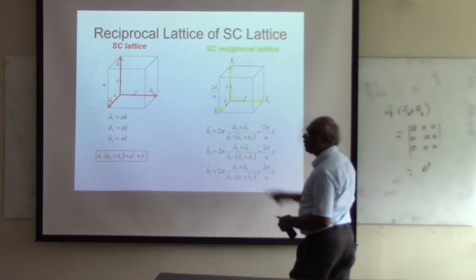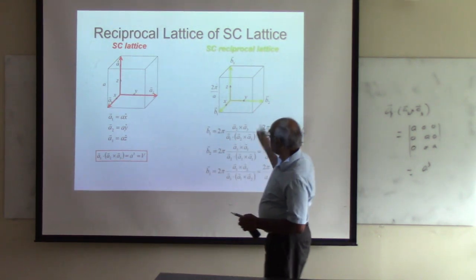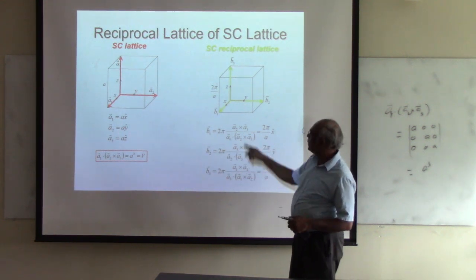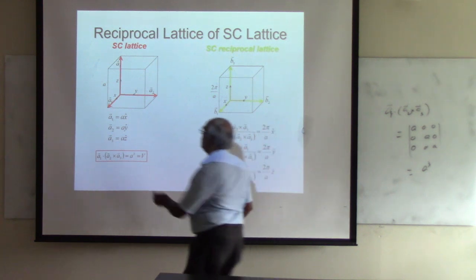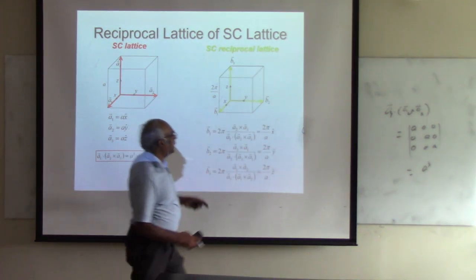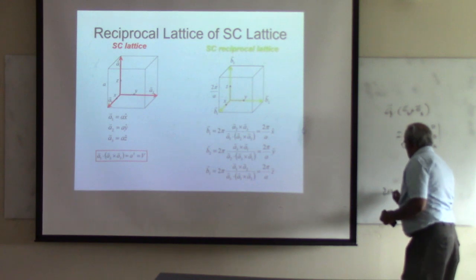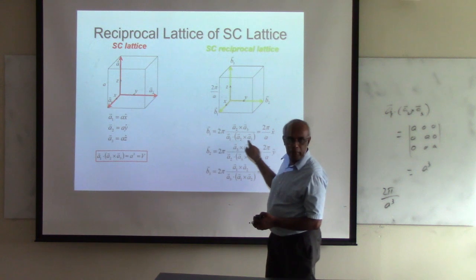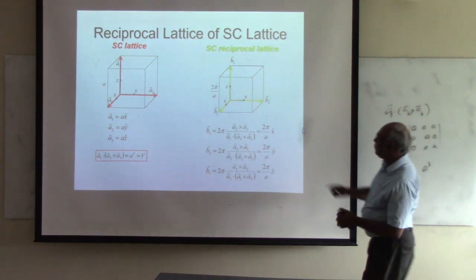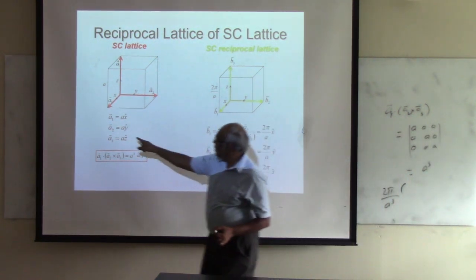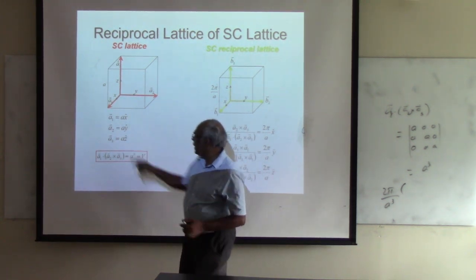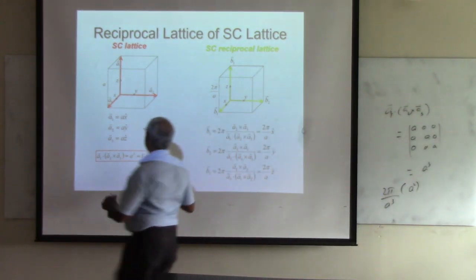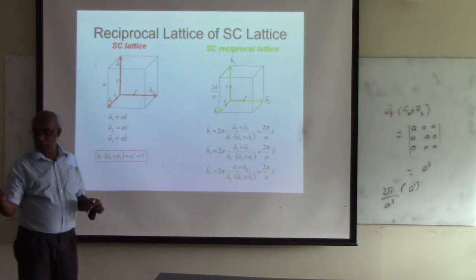So now if you want to calculate B1, B2, B3 in the reciprocal space, just simply calculate this one. How do you do this one? So you have 2 pi here, then at the bottom you have A cubed, right? Then here what do we have? A2 cross A3, that means you have A times A, A squared, times what is y cross z? y cross z becomes x, right?